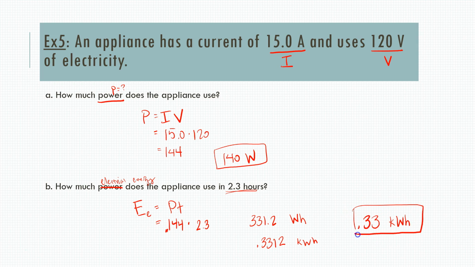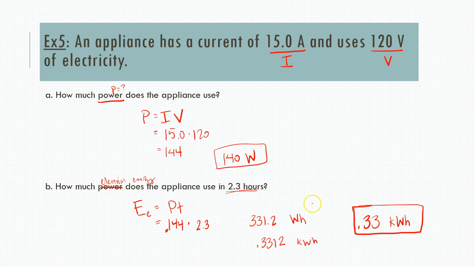Now, why am I insisting that we do kilowatt hours? This is a Canvas thing. Because I can't put this in both ways. I can only put it in so that it grades different options. Like I could put both of these numbers in so that it would accept either 331.2 or 0.3312.